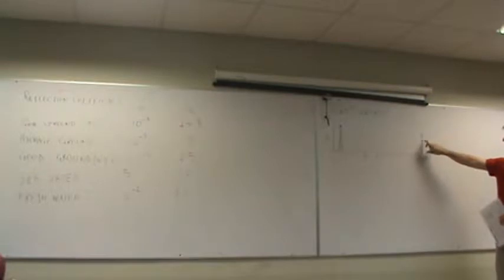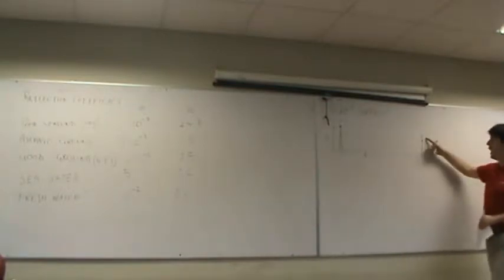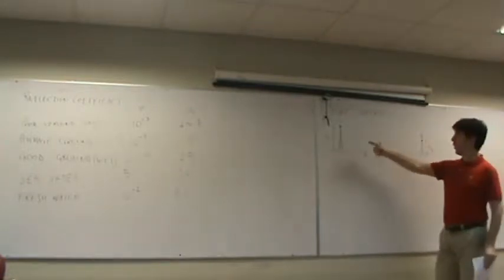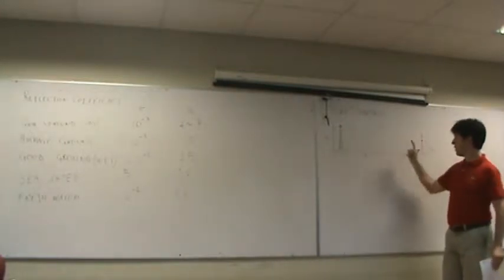We want to calculate what is the power. T stands for the transmitter, R stands for the receiver, but things do not change if you exchange receiver with transmitter. So we choose this as a transmitter, this as a receiver.